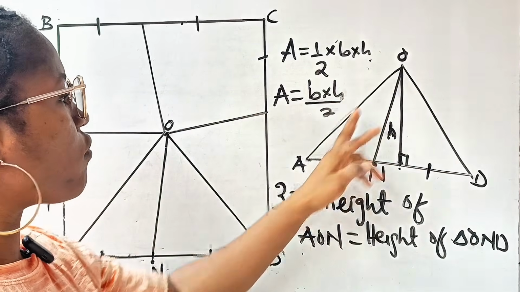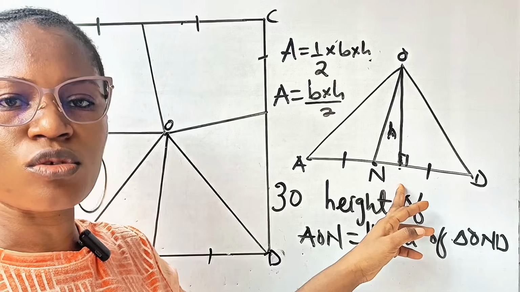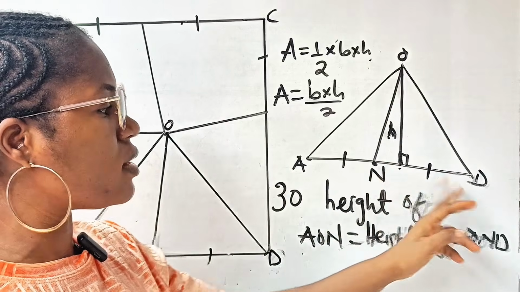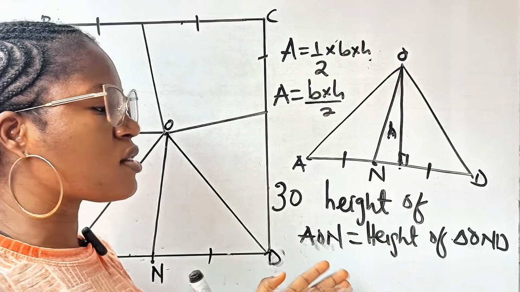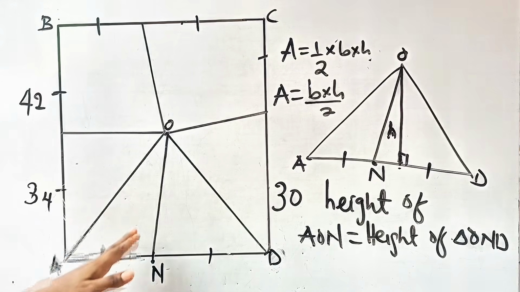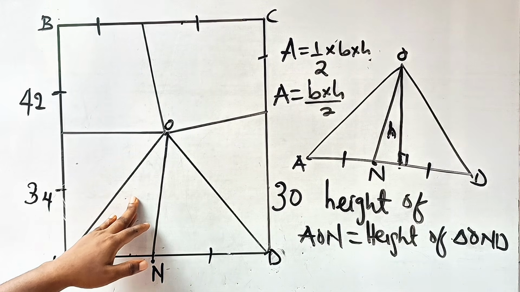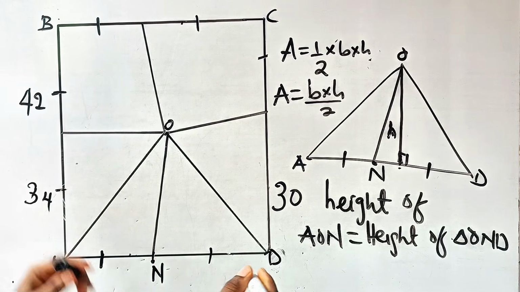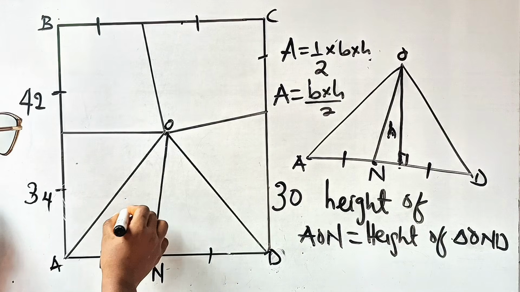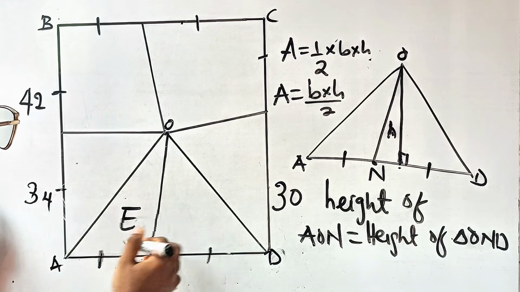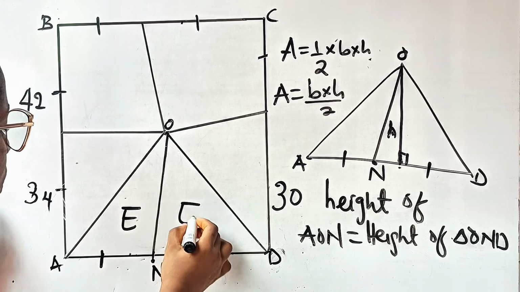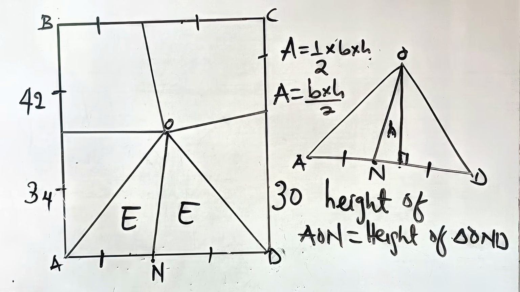That is going to help us a lot in what we are about to do now. Now, let the area of this side be E. So the area of this side is also E. They have the same area.